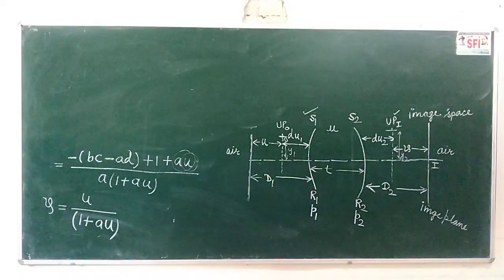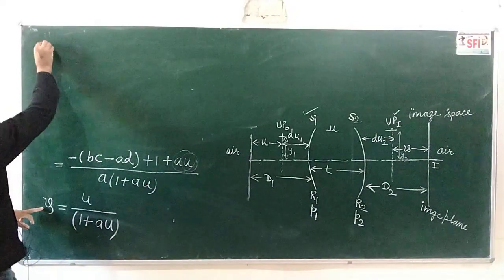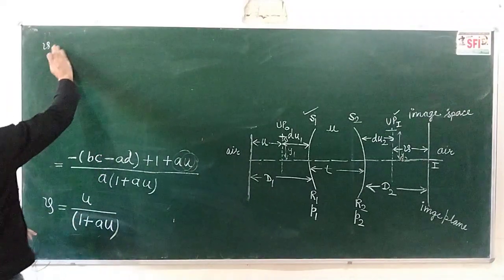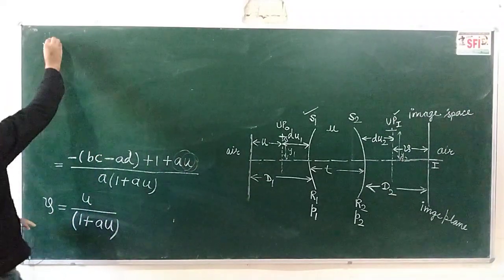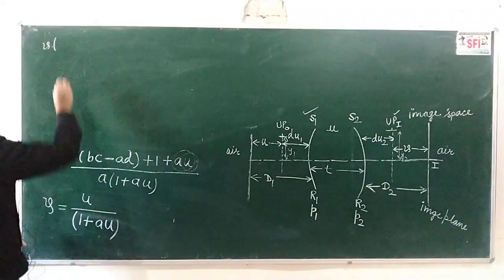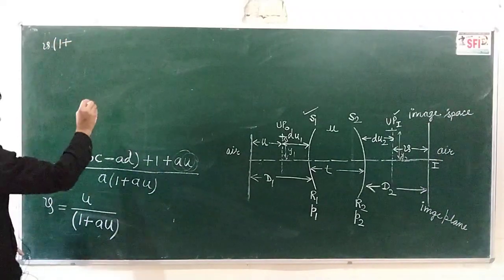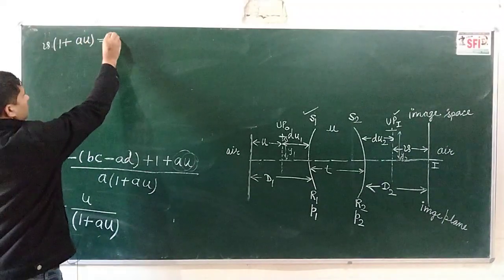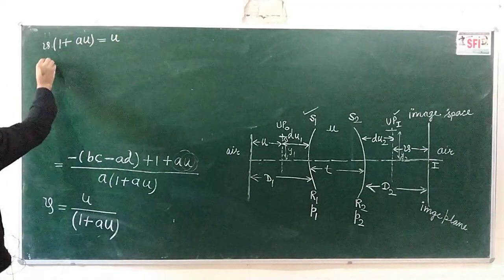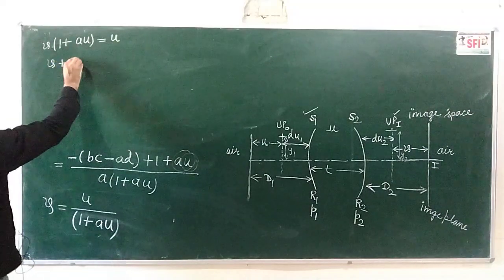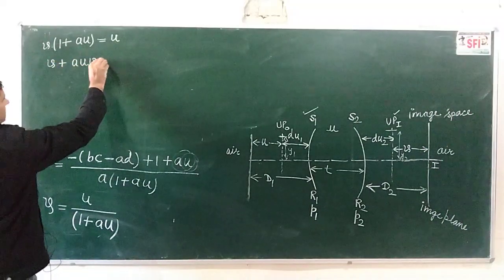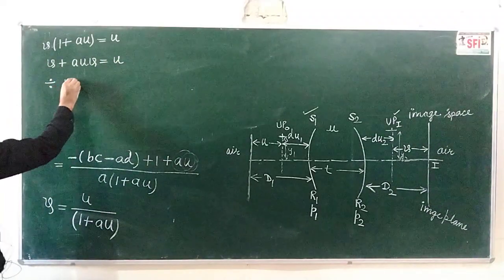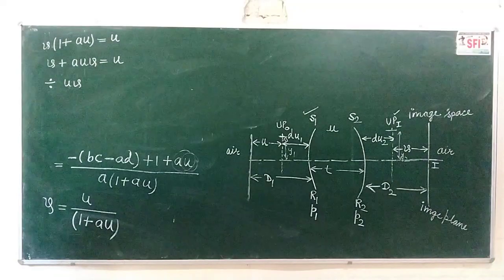So we can clear the space now, and we have now V, this is equal to, let me rearrange the terms, cross multiply this factor with U, V, so 1 plus AU, and this is equal to U. So you will get V plus AUV, and then U. Now we will divide both sides by U and V, UV.